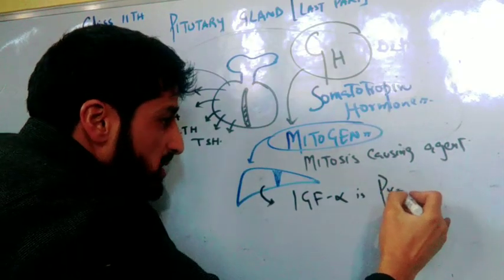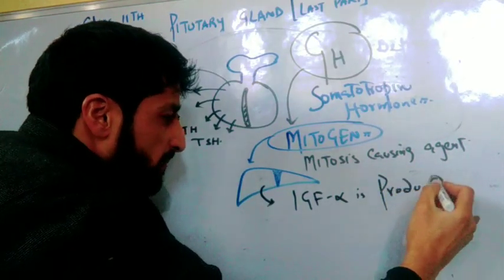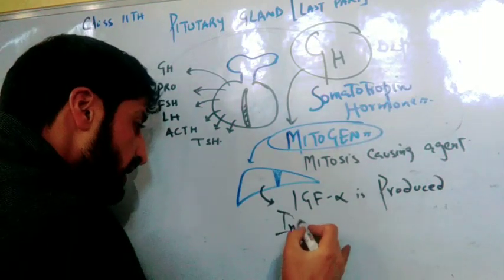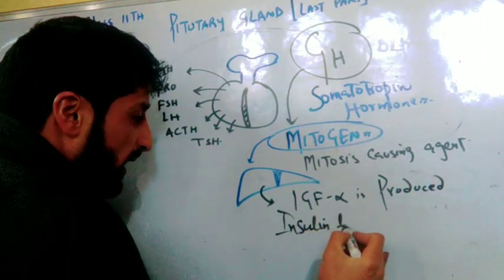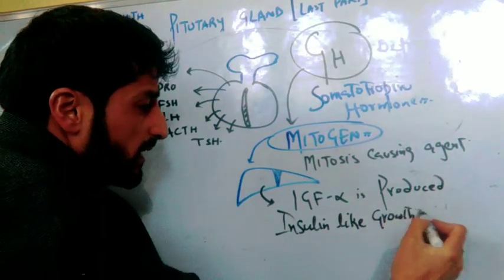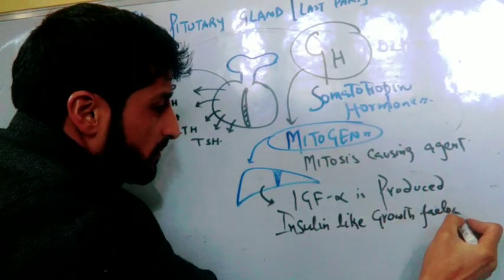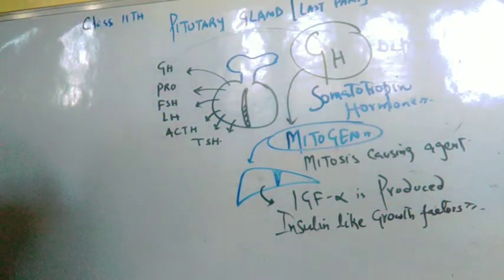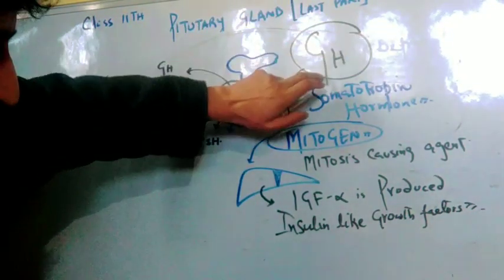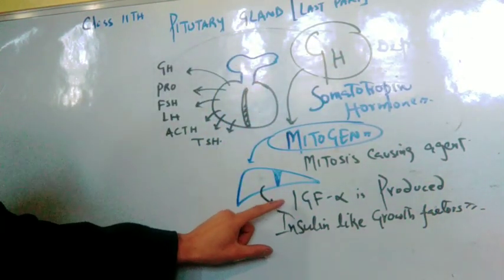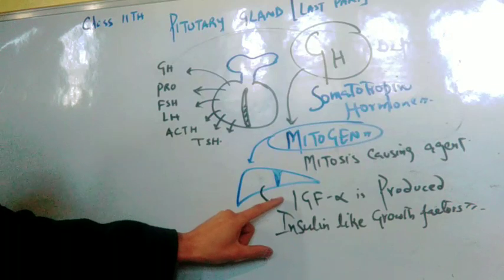When I say IGF, I mean insulin-like growth factor. Insulin-like growth factor is produced from the liver cells when stimulated by growth hormone.